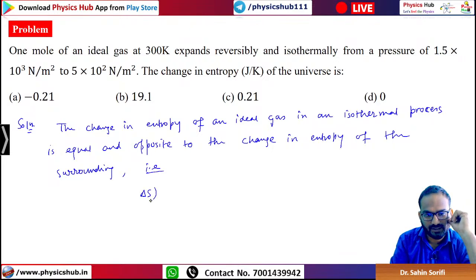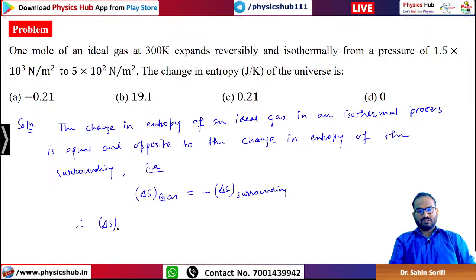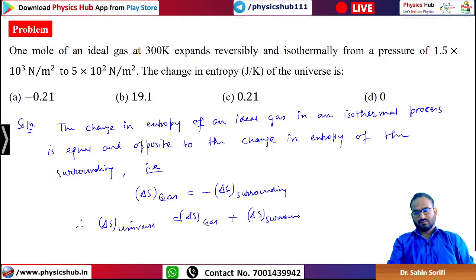That is, delta S of gas is equal to minus delta S of the surroundings. So, you can say that delta S of the universe, delta S of gas plus delta S of surroundings, is 0.